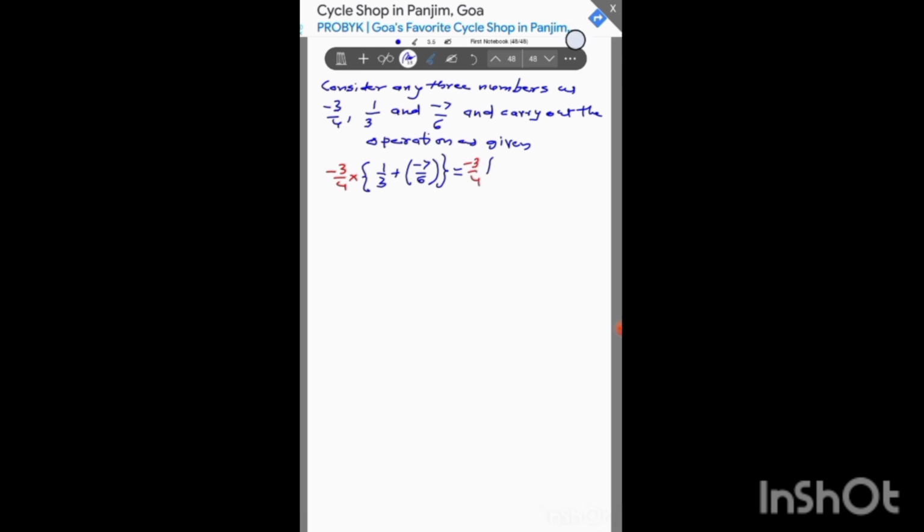Solve the bracket first by taking LCM. That will be 2 minus 7 upon 6. So we take LCM here. So we go ahead, minus 3 upon 4 and minus 5 upon 6.